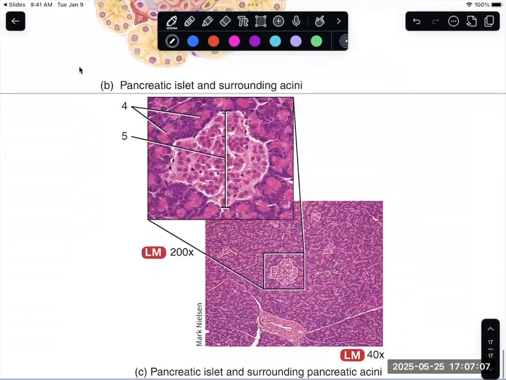So here's just another example of those alpha and beta cells as we go through and look at all these different areas here. You can see how these islets are completely different from the surrounding tissue. Those surrounding tissues are making different digestive enzymes that are helping to break down food.